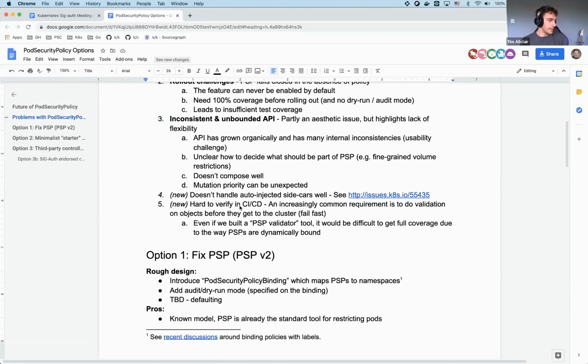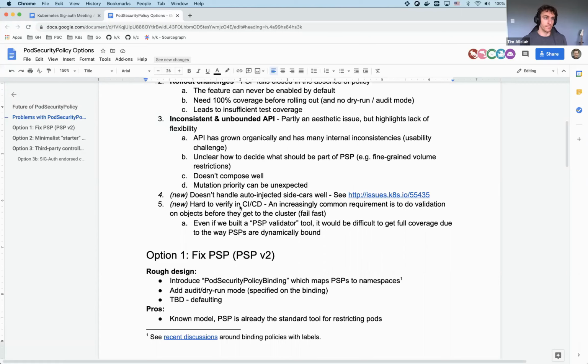And then the other one is there's not really a CI/CD story for pod security policy. So as users adopt more GitOps workflows, or workflows where they might want to verify that pods can run earlier in the pipeline, it's hard to do that because of the stateful nature of pod security policy.